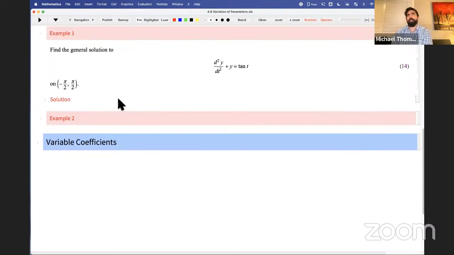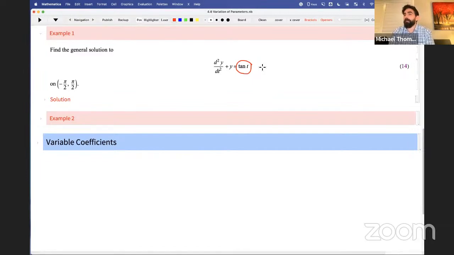We're going to find a general solution to this second order linear differential equation. The solution that we're looking for should be valid on negative pi over 2 to pi over 2. So first of all, you should always try to use undetermined coefficients if you can. It's much easier in general than variation of parameters. So take a look at the non-homogeneity and ask yourself, can I use undetermined coefficients on this?